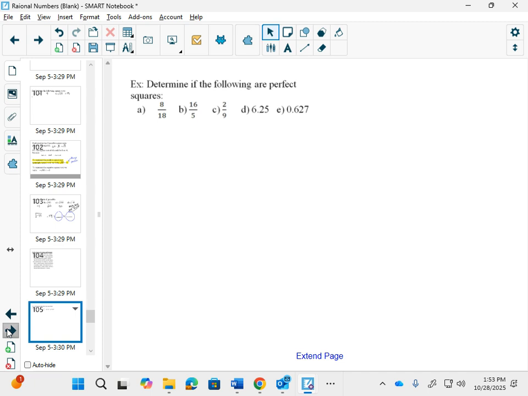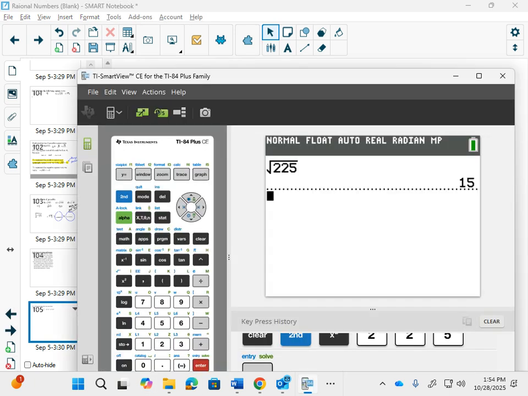Are these perfect squares? 8 over 18, 16 over 5, 2 over 9, 6.25, and 0.627. If you have a calculator, this is what you could do. You could take out your calculator and use your square root button.